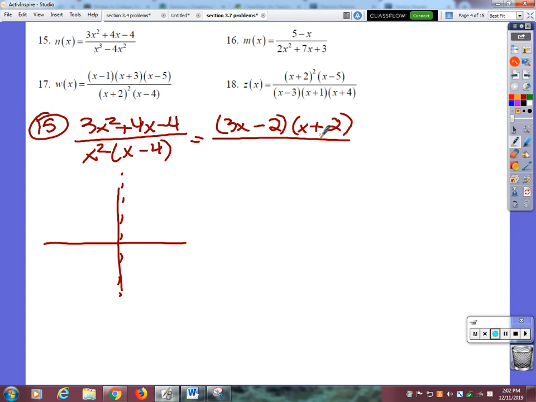I want to triple the positive one because the middle term is positive. So I need the bigger number to be positive. It's weird, but when I write it in this other parentheses, if you think about how foiling works, I would go 3x times x is the 3x squared like we wanted, and then 3x times 2 is 6x.